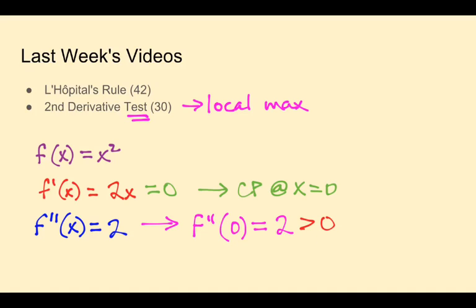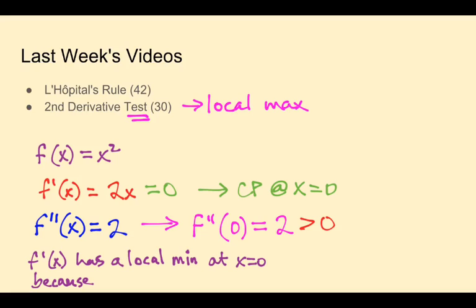It's a local minimum. So we're going to say f of x has a local min. It's also an absolute minimum, or a global minimum, but the second derivative test only gives us local extrema, so we're going to call it a local min.